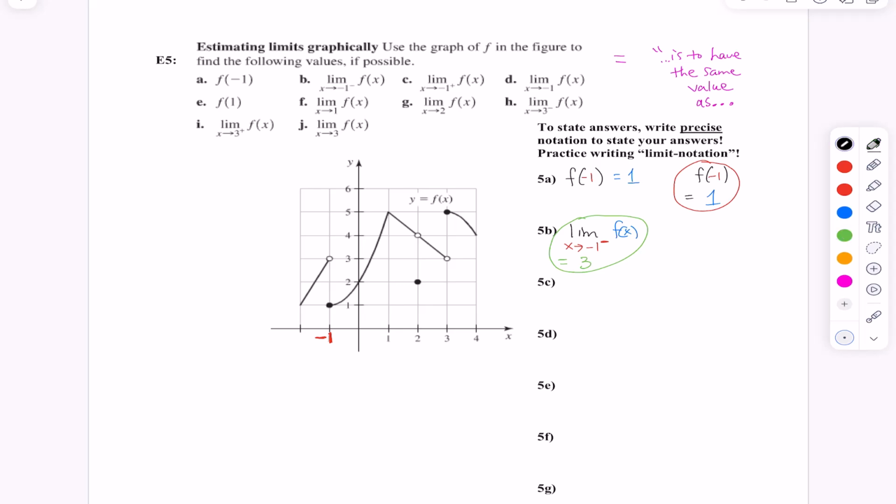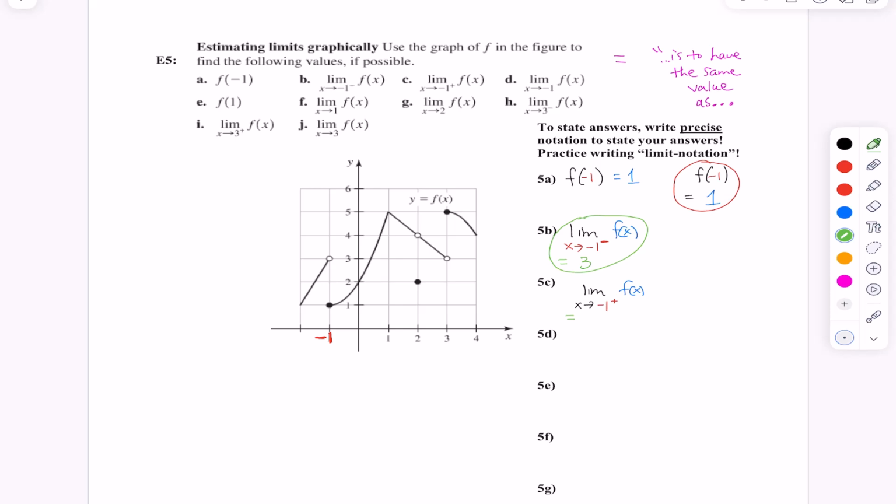How about the next part? The next expression is the limit as x approaches -1 from the right-hand side. Where do the corresponding function values go? As x approaches -1 from the right-hand side, they're approaching a number called +1.